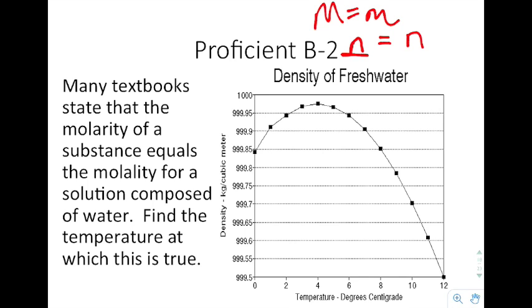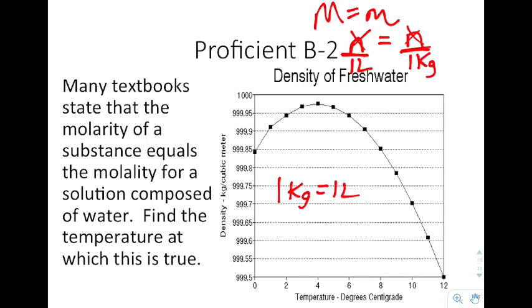The one on the left, molarity, is divided by 1 liter. The one on the right is divided by 1 kilogram. So you can say that these two things are equal because the number of moles is going to be the same, so that's going to cross out. The only thing that differs between the two is kilograms and liters.